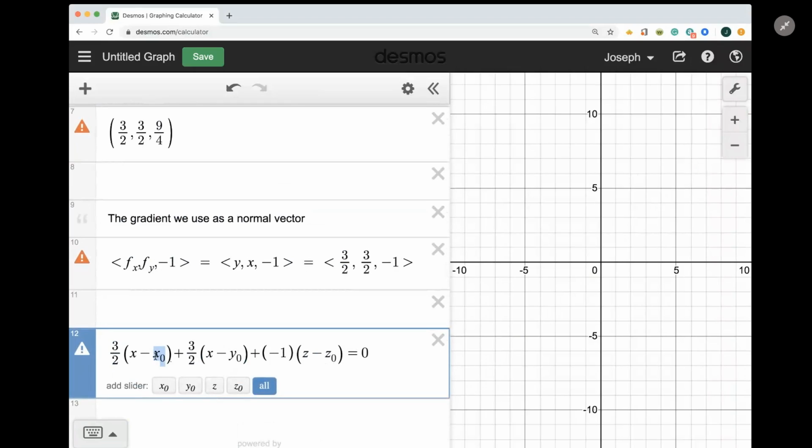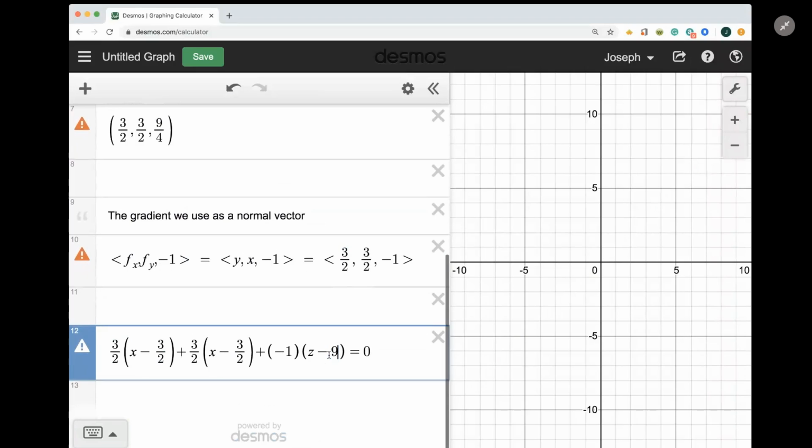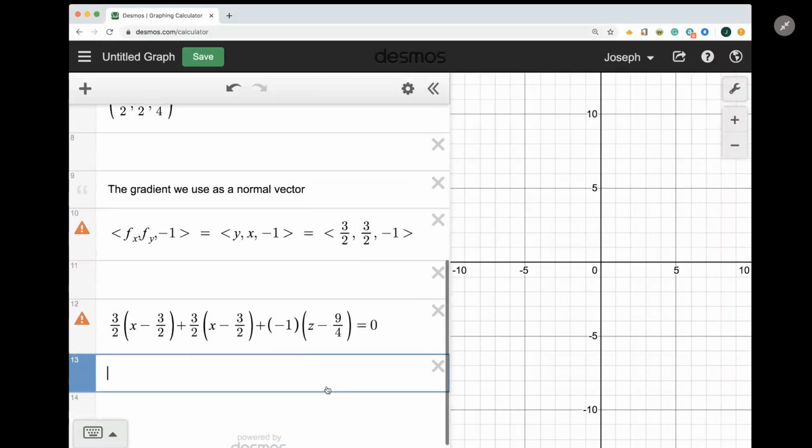And we can see that x naught was 3/2, y naught was 3/2, and z naught we calculated to be 9/4. And that is how you define a plane tangent to a surface.